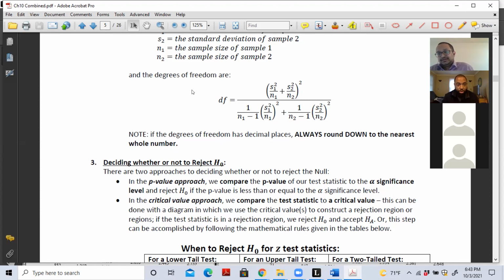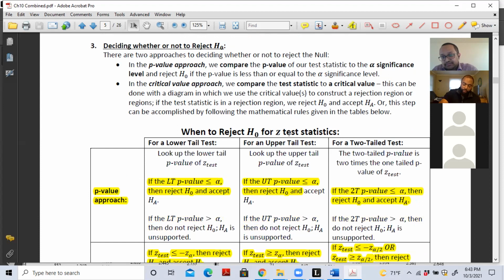And what if it was the same? You would still reject, right? Yes, it's the less than or equal to sign. So p is less than or equal to alpha, and you will still reject.